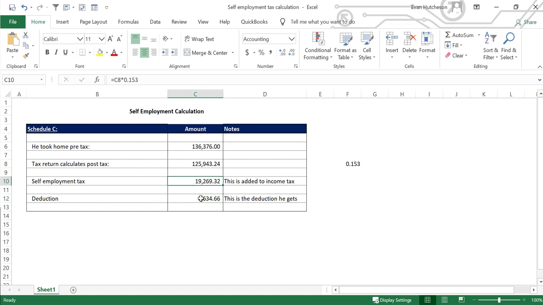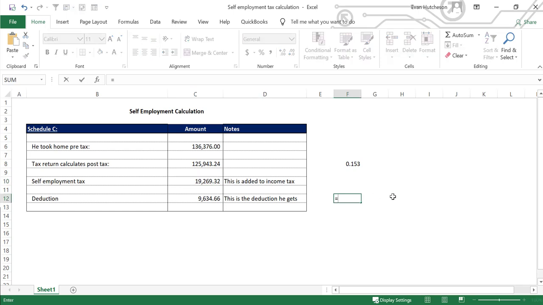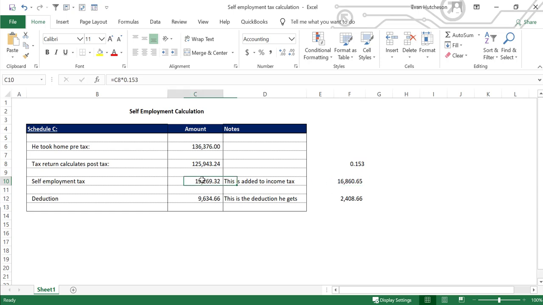So essentially, if he's got a tax rate of 25%, you're saving 25% of this number, because this is a deduction. So he gets a deduction of that amount, which lowers his tax, and he's saving $2,400. He's paying $19,000, so really, his tax as a result of these factors is $16,860. He's paying this amount in tax, and he's got a 24% or 25% tax break on this number right here.